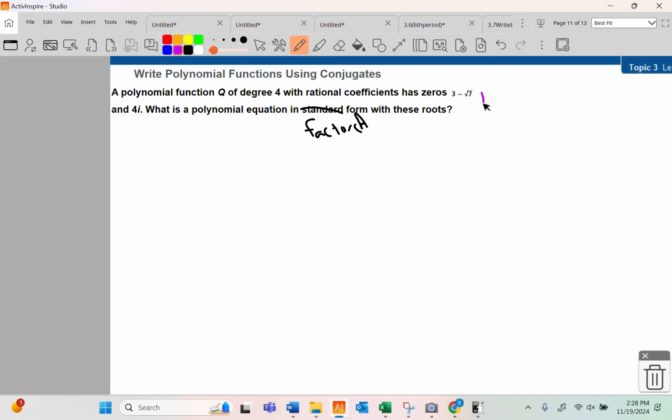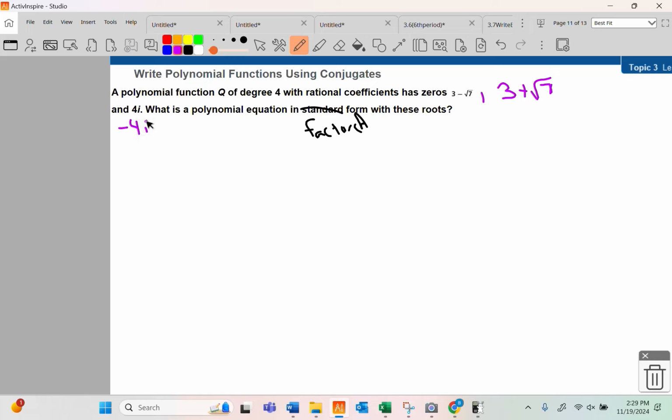What's its conjugate? Pretty close. What did I tell you about the weird things? What do they do? They change sign. You're doing conjugates, the weird things change sign. That's how it works. 4i is a zero. Allison, what's its conjugate? Negative 4i. 4i is weird. Change its sign, we have its conjugate.